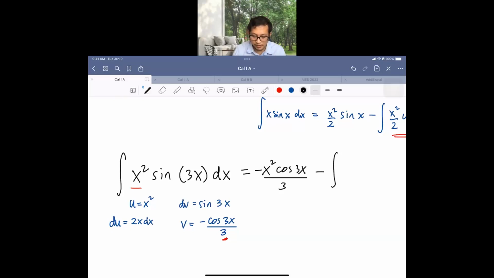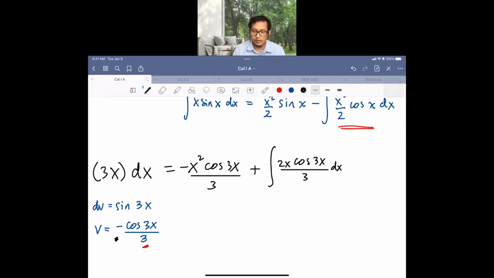Since v is negative, I will take this into positive. So I will write 2x cos 3x over 3 dx. I will write this more clearly and factorize 2 over 3.